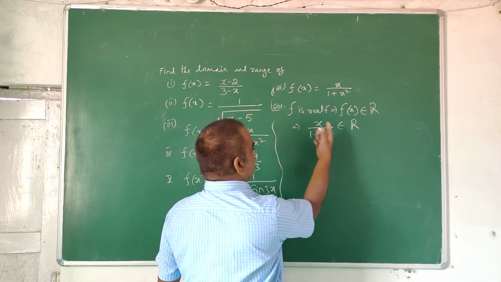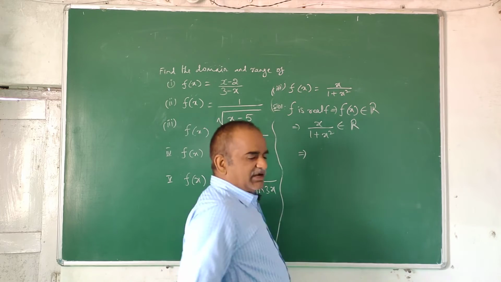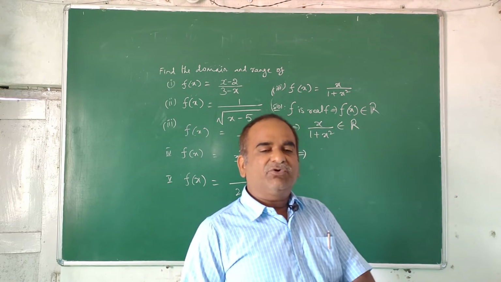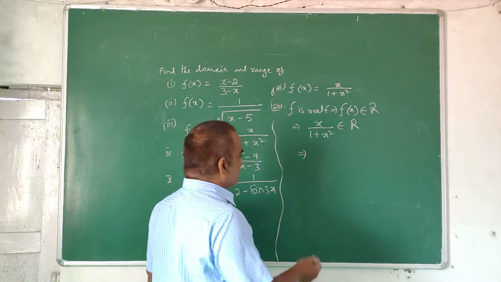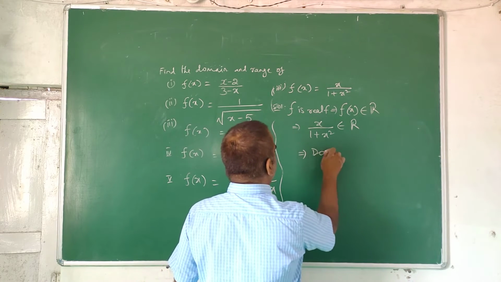So for no real number is the denominator 0. So obviously it means that we need not remove any real value from R, so the domain will be the entire R.